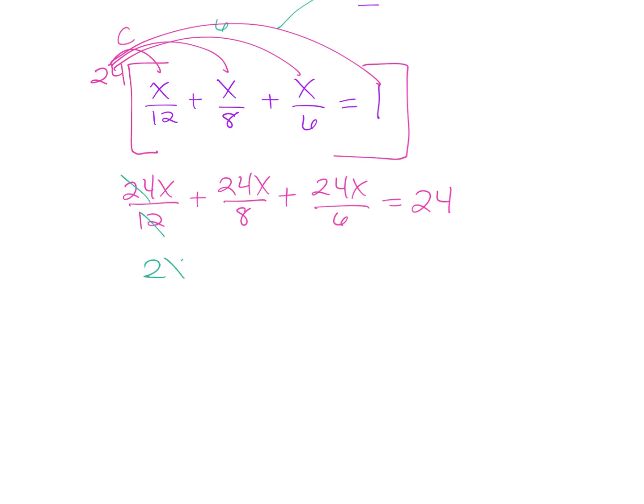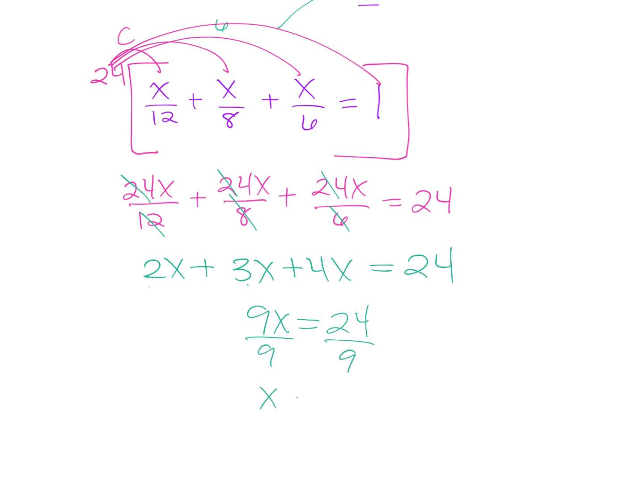That's 2x, 3x, 4x equals 24. So 9x equals 24. Divide by 9. x comes out to 2.6 repeating or 2 2/3 hours.